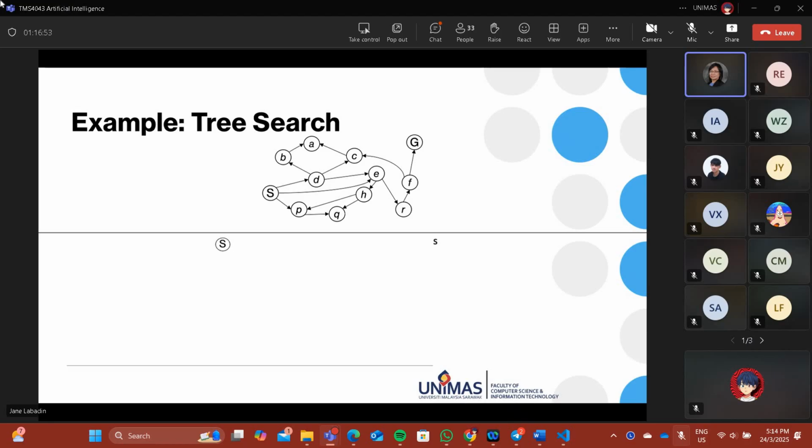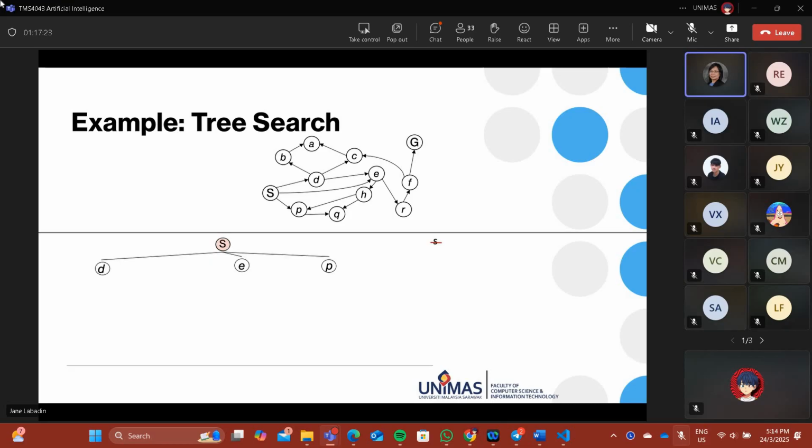Now I'm following the general algorithm from just now. So from S, that is your current state. Then you will have your fringe. So you have D, E, and P.